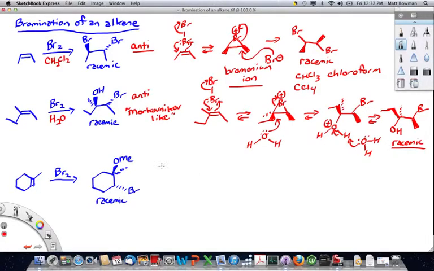If you use an alcohol in its place, instead of getting what's referred to as a halohydrin, what you end up getting is a haloether. To make this ether, where the R group is a methyl group, the solvent that you use is methanol.